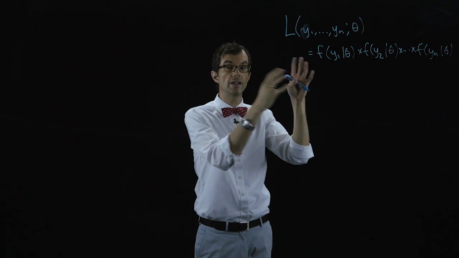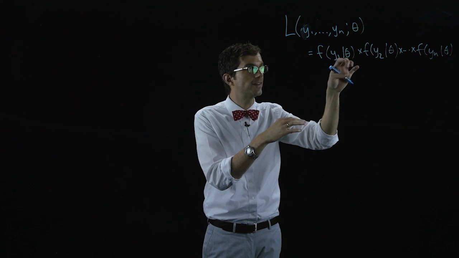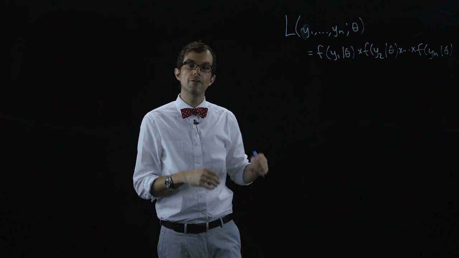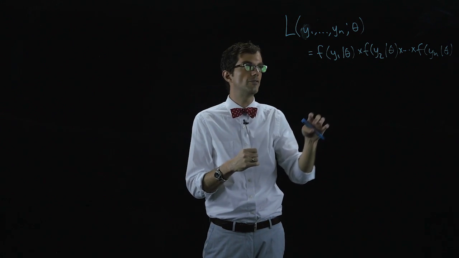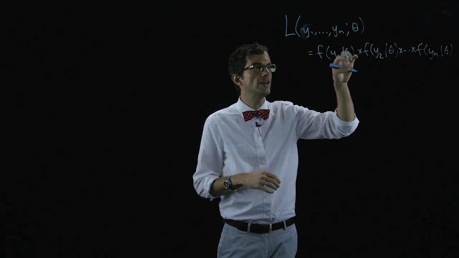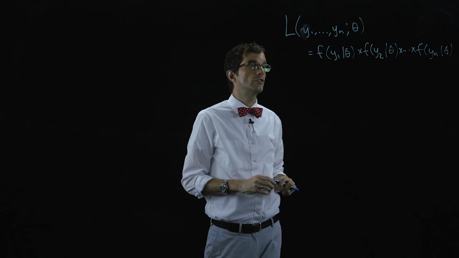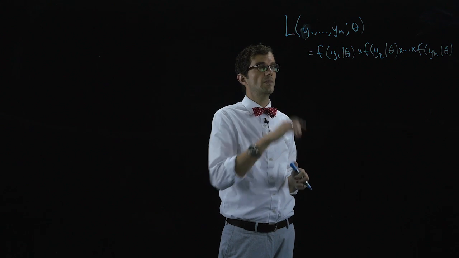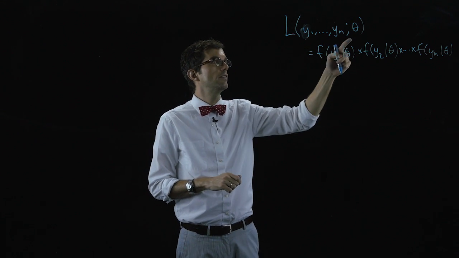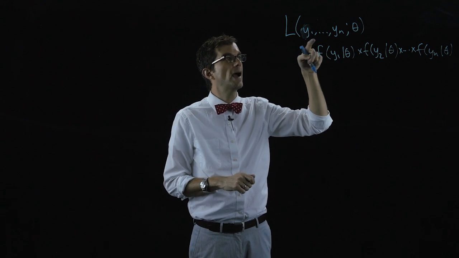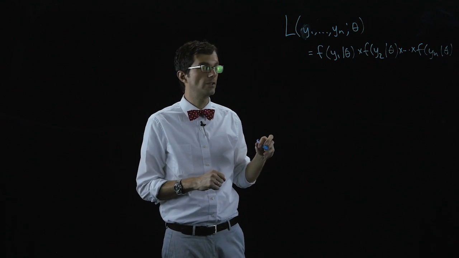For example, if we've got an exponential distribution, theta would be lambda. If we wanted to fit a normal distribution, theta would be mu and sigma. So we want to find the value of theta that maximizes the likelihood function.